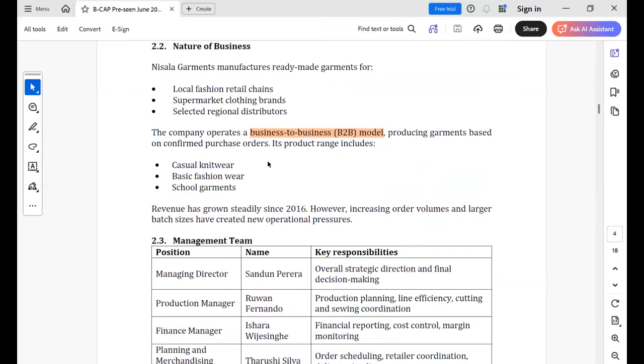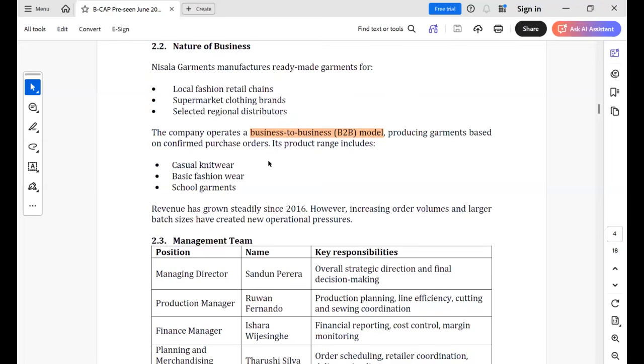Very important. So they don't bring the raw material and keep it expecting some orders. They have raw material only for the confirmed orders, right? Therefore, there is no way of basically piling up the inventories unless orders are pushed back.